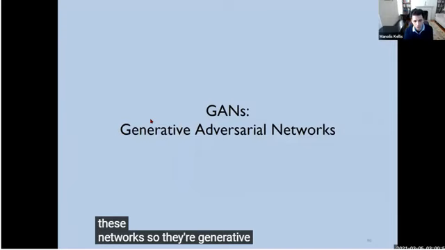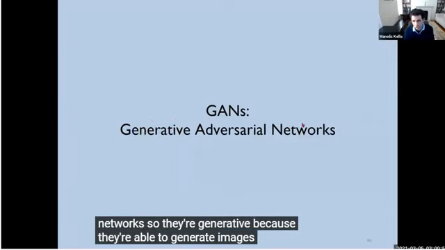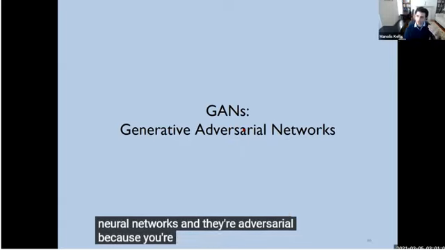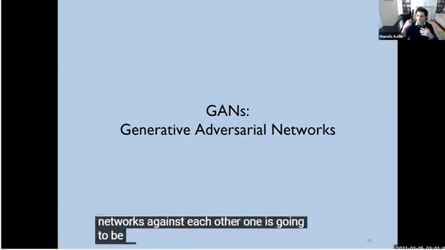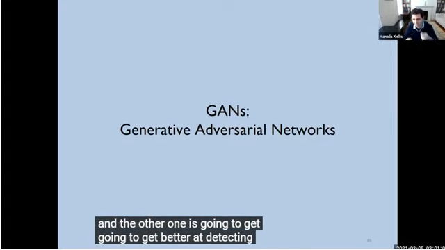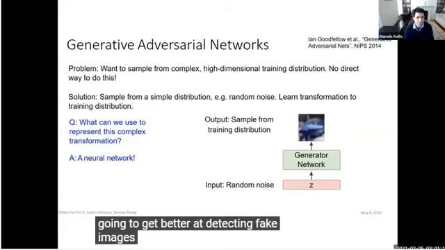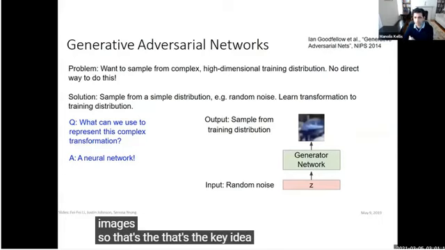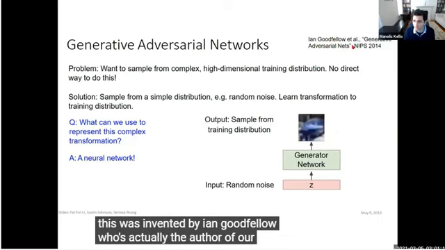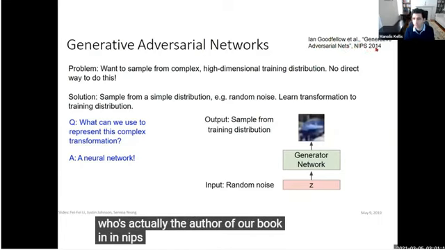So they're generative because they're able to generate images. They're networks because they're deep neural networks, and they're adversarial because you're training two networks against each other. One is going to be getting better at generating fake images, and the other one is going to get better at detecting fake images. So that's the key idea, and this was invented by Ian Goodfellow, who's actually the author of our book, in NIPS 2014.